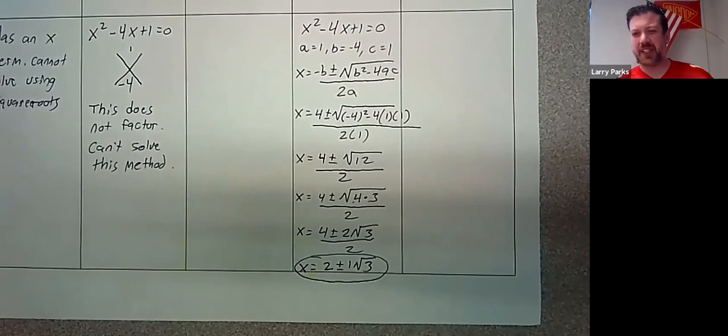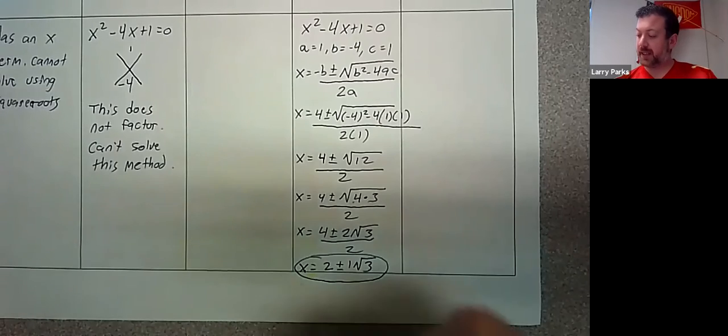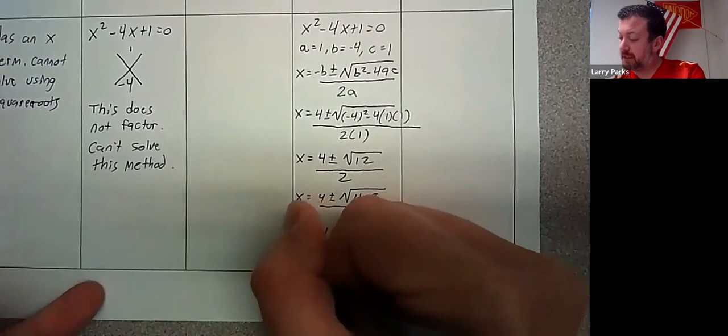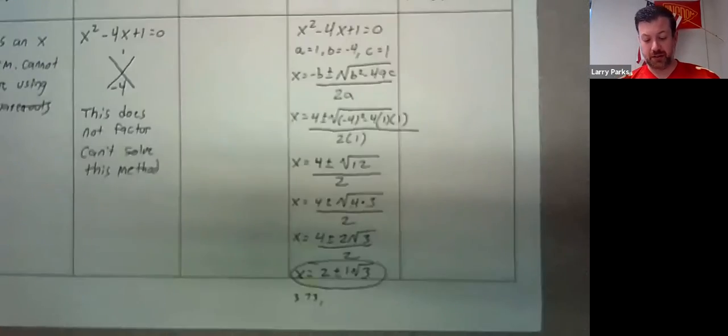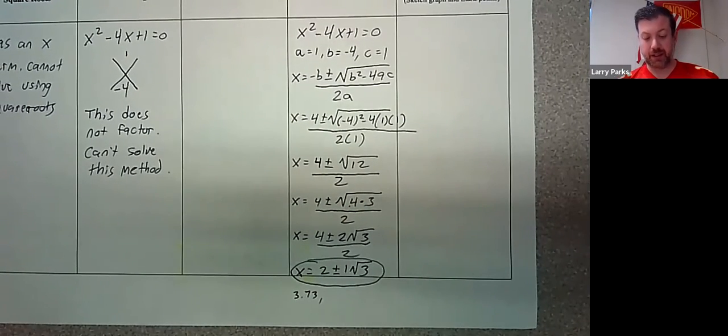So I'm just curious what that is in decimal form. So if I take 2 plus square root of 3, I get approximately 3.73. And if I take 2 minus square root of 3, I get 0.267.